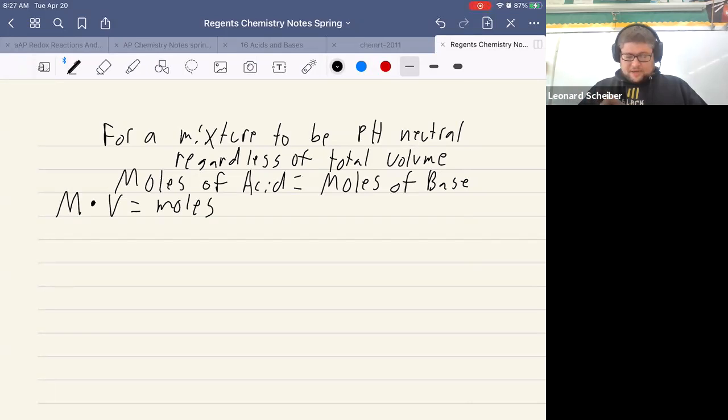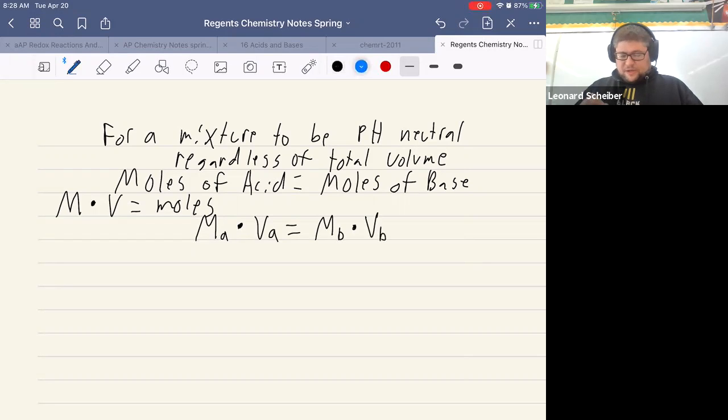So what I'm going to do now is plug this equation into here. So instead of moles of acid equaling moles of base, what I'm going to say is that the molarity of the acid times the volume of the acid equals the molarity of the base times the volume of the base.